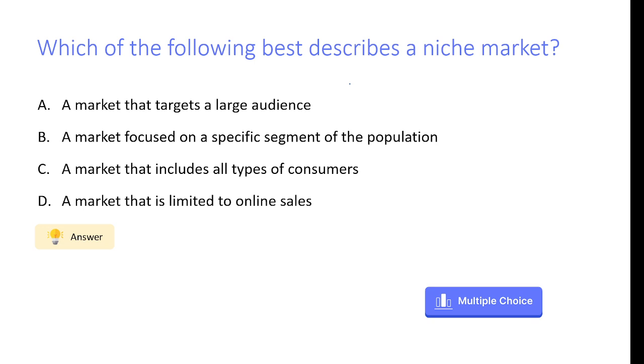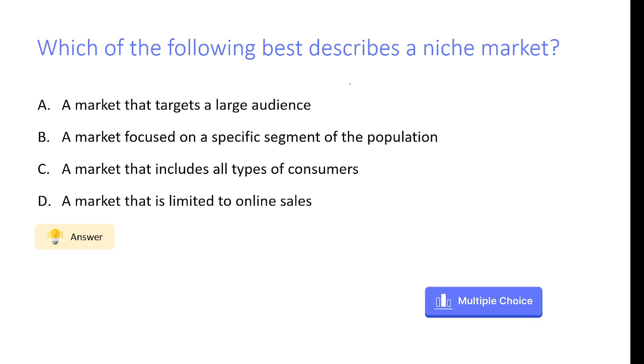That's number 1. We have a question here. Which one of the following best describes a niche market? Do you remember what a niche market is? Remember what I said a niche market is? Option A, a market that targets a large audience? B, a market focused on a specific segment of the population.